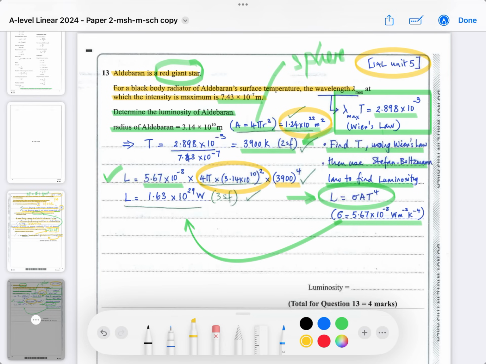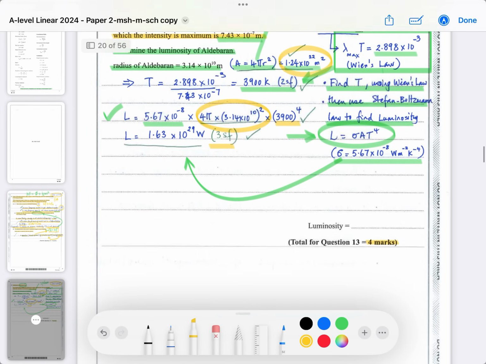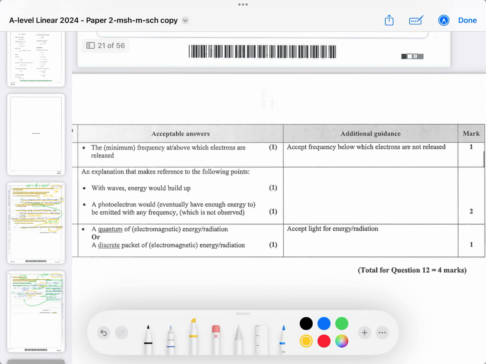One of my students did everything right, but forgot to put the power of 4 in and lost unnecessary marks. The answer has been given to 3 significant figures, because the data is provided to 3 significant figures. That's another 4 marks done. A good revision of Wien's law and the Stefan-Boltzmann law. There's the mark scheme.